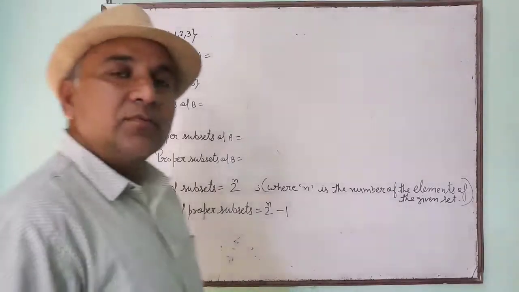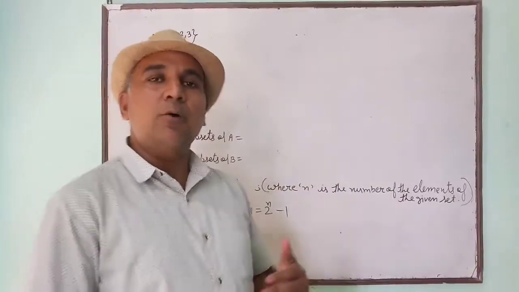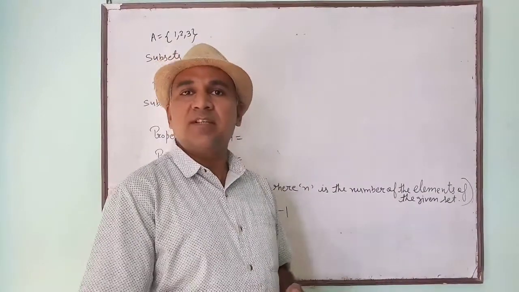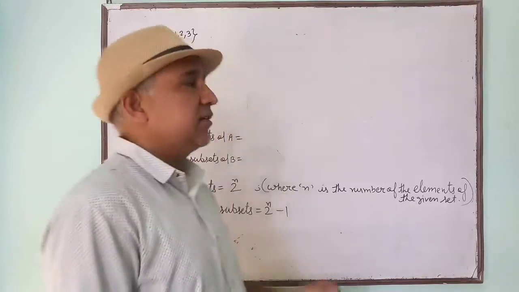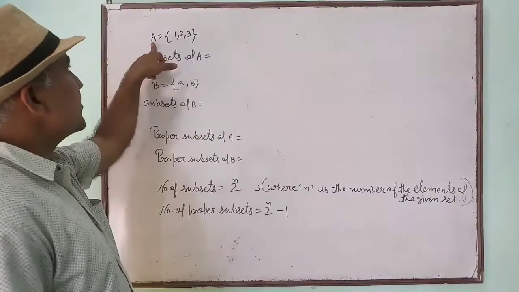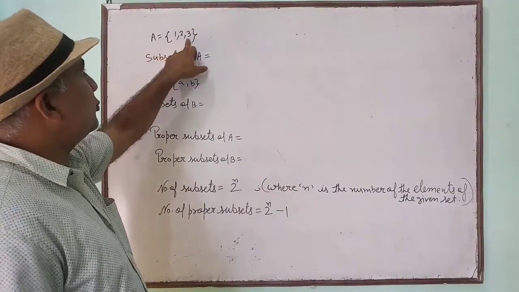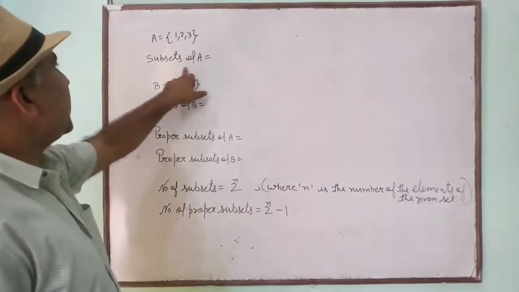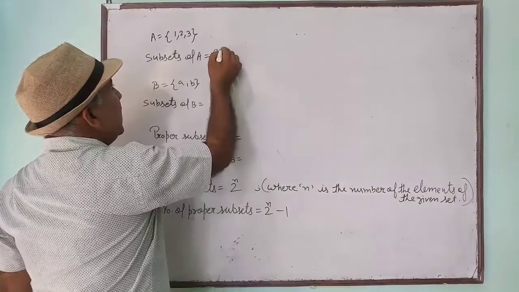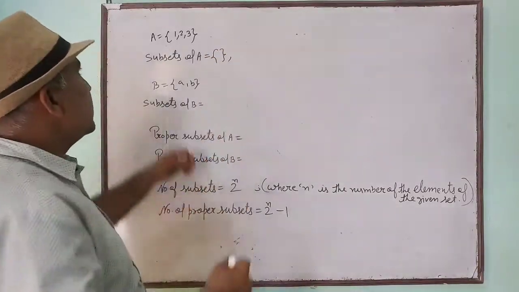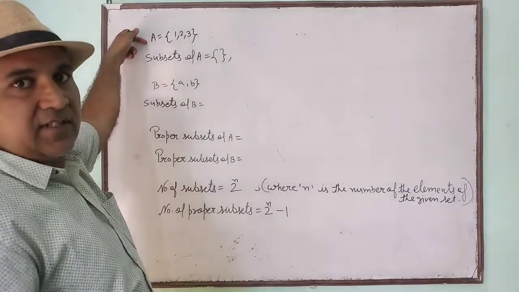Children, now we are going to learn how to make subsets of a given set and how to make proper subsets of a given set. See the example. Suppose set A has the elements 1, 2 and 3. Then how to write its subsets? So children, always remember the empty set is a subset of all the given sets.